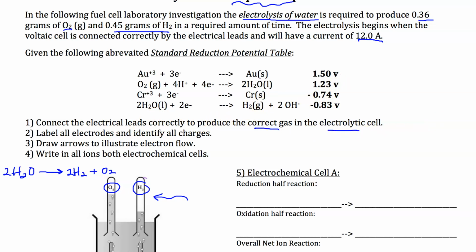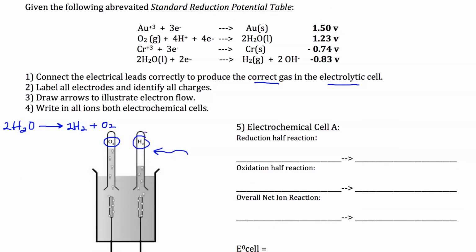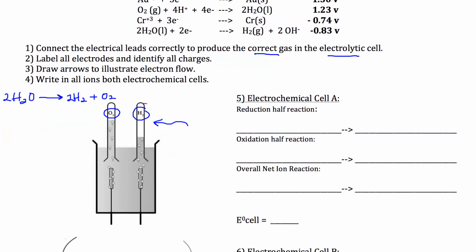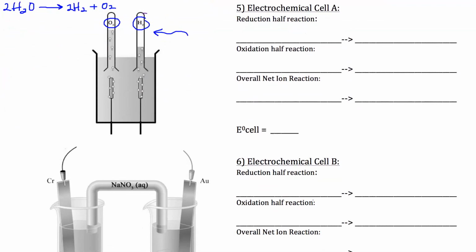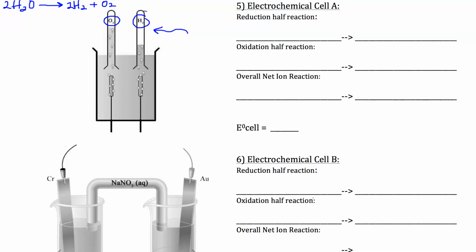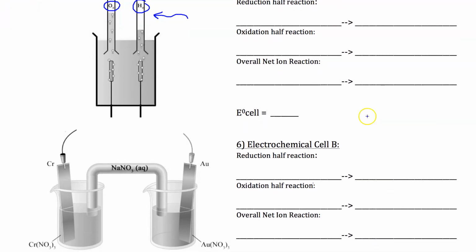Now, what I said here, because it is my problem, is I want to produce the correct gas. So again, as you guys know, you could make this electrolytic cell the cathode or the anode depending upon how you label it or how you connect it to a battery. So because I'm telling you we're producing hydrogen gas, we have to connect our cell correctly to make the right reaction occur.